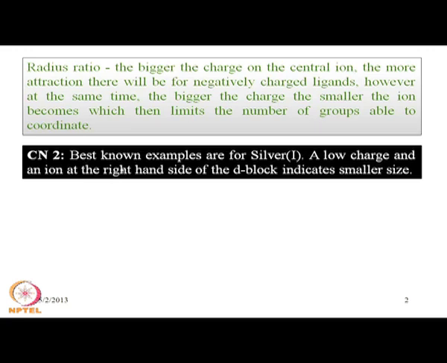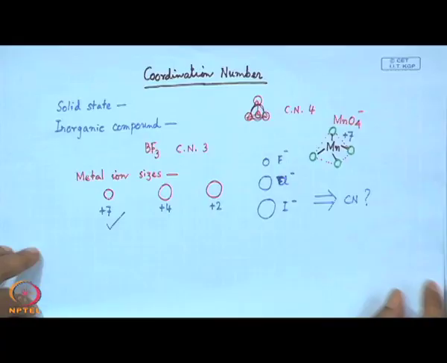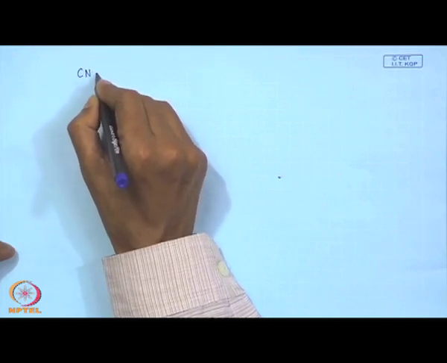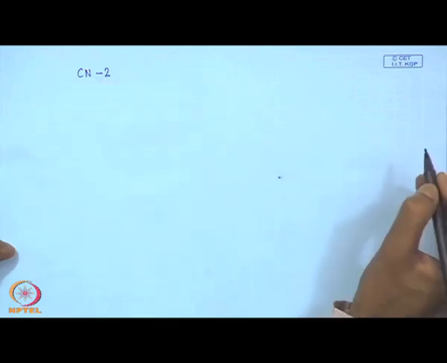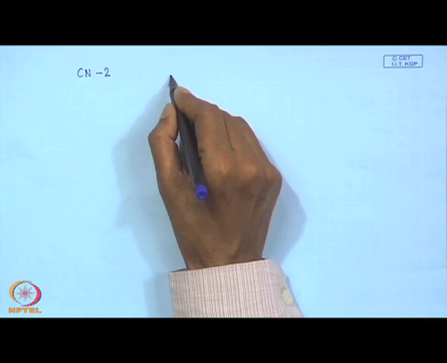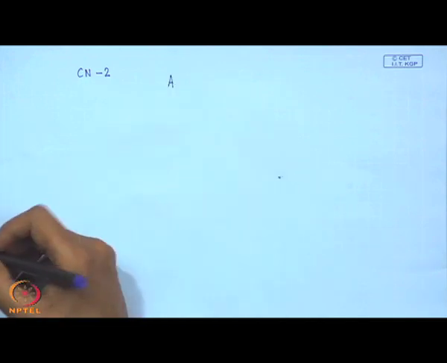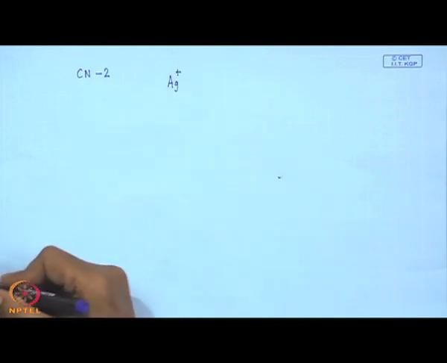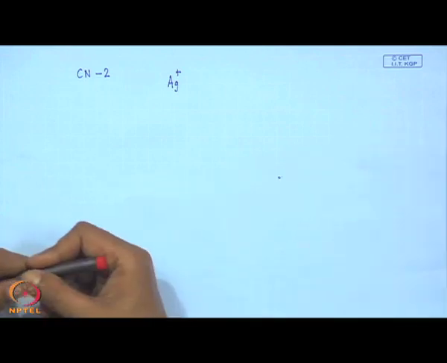So, we have several situations where we have a coordination number of 2. How we get very simply the coordination number of 2, which is the smallest one, is also giving us a practical example for identification of chloride or the silver ion.